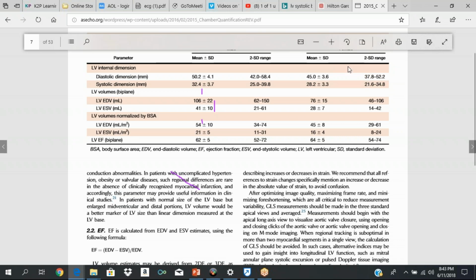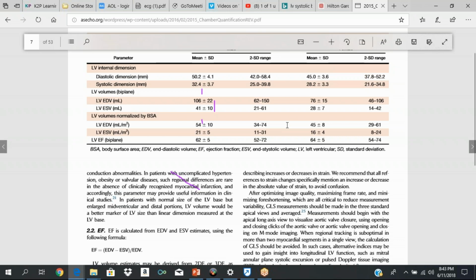And then if you're looking at just the volume, remember when we do our biplane method of disc or modified Simpson, we get our left ventricle end diastolic volume. For males, it is about 62 to 150. The tendency now, however, is to index this.